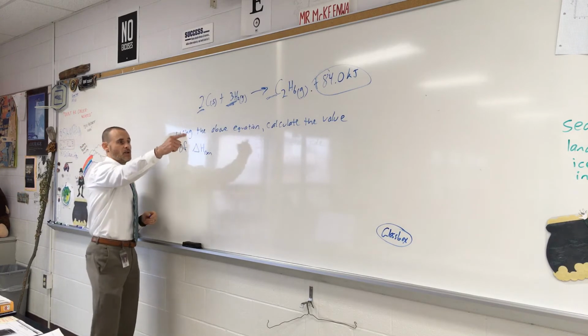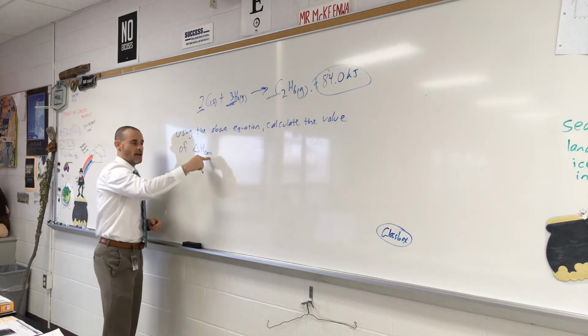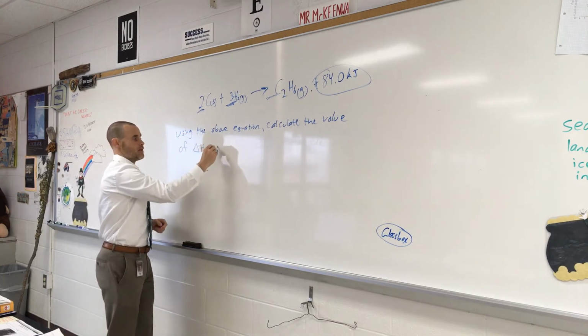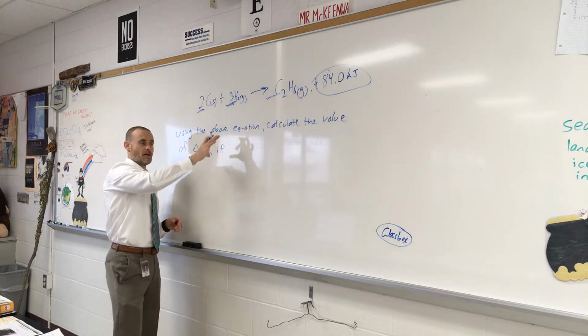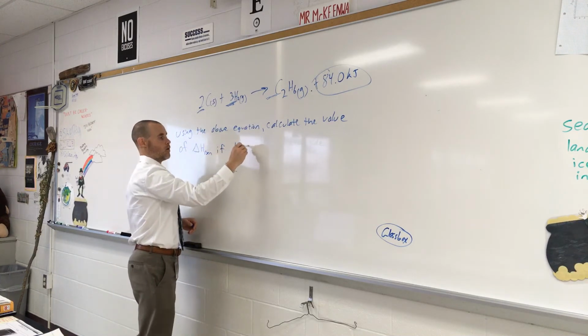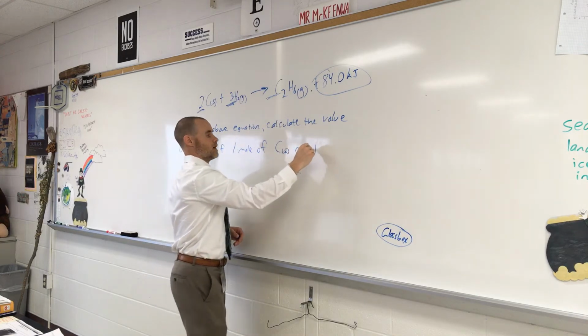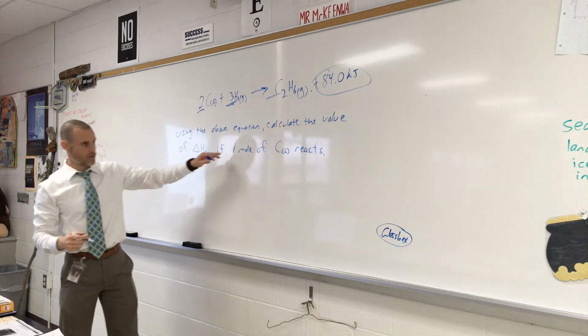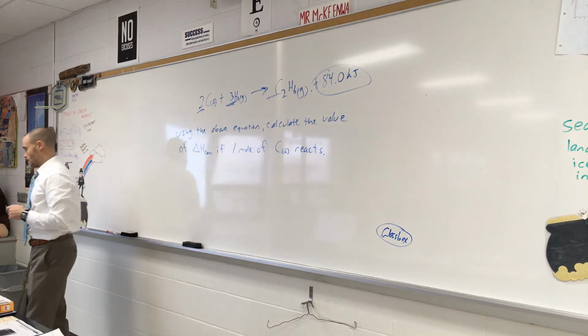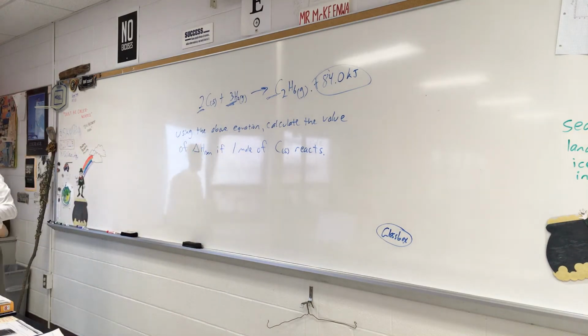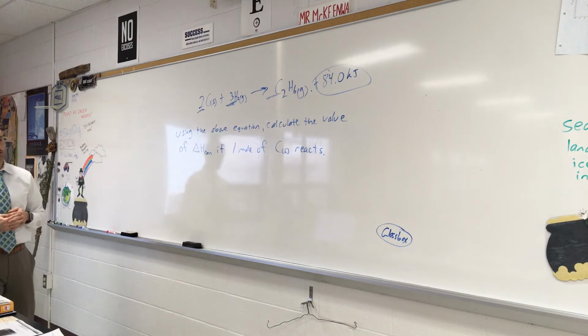So using the above equation, calculate the value of delta H if, and I'll keep this first example very simple, 1 mole of carbon solid reacts. So go ahead and write that down. These types of questions are all about ratios and proportions.